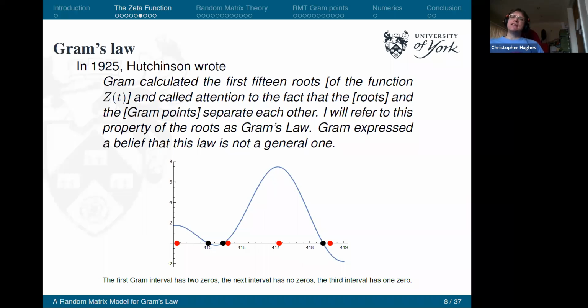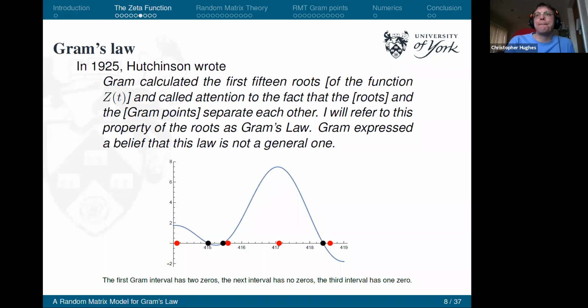How often is it true? Answering that question is the purpose of this talk. So we've got a law that in every Gram interval, the interval between two consecutive Gram points, I expect to see exactly one zero of the zeta function. It's not always true. How often is it true?